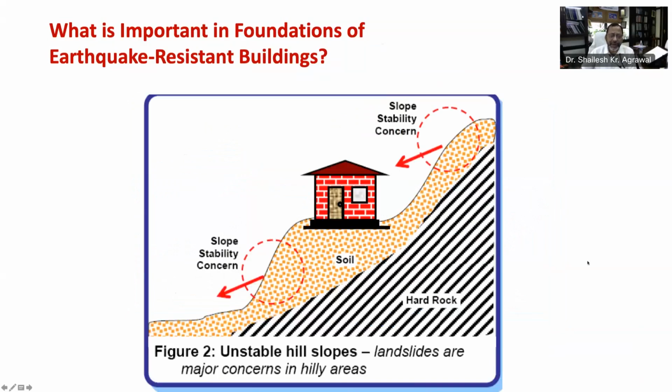Even if site is away from collateral damage, steep slopes or vertical cuts in natural hills, which are otherwise safe under other loads acting on them, can slide during earthquakes. Vulnerable soil embankments can also slide or spread laterally due to liquefaction.